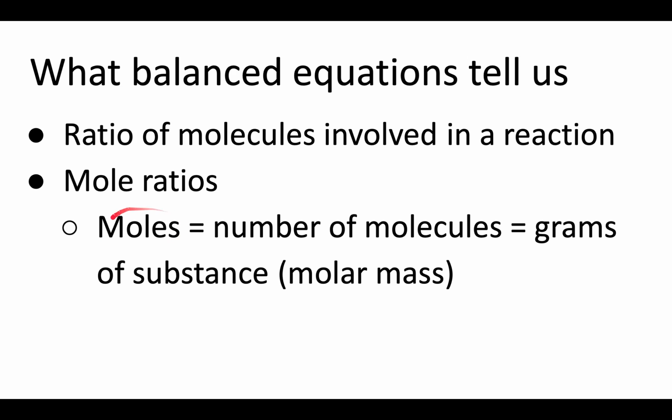For example, in 1 mole of water there are around 18 grams of water, because we take the molar mass of water: the mass of oxygen, which is about 16, plus the mass of hydrogen, which is 1 each, for a total of 18 grams of water in 1 mole.